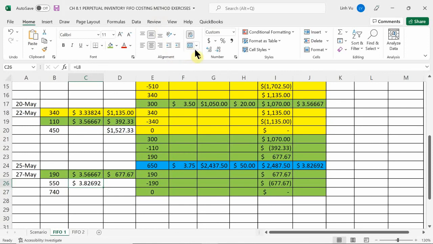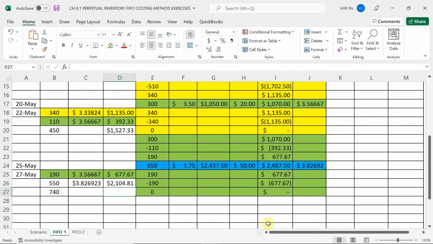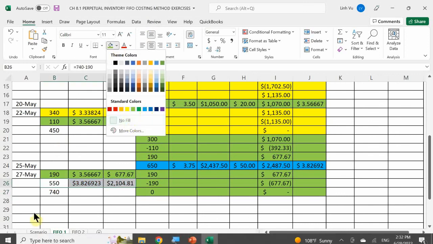Let me add one more decimal here. 3.826923. So what is going to be my total cost of goods sold here for selling these 550 units at 3.826923? 2,104.81. Okay, good. And this is my blue batch of inventory.